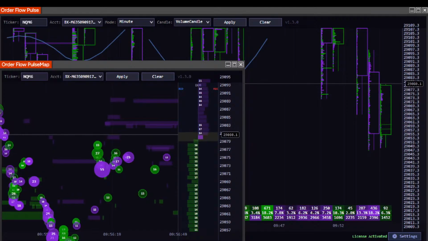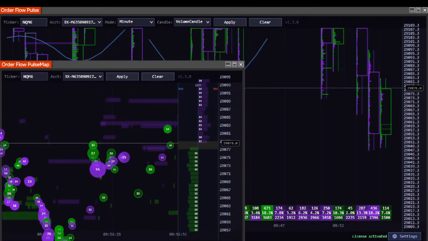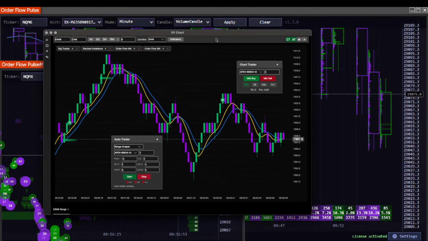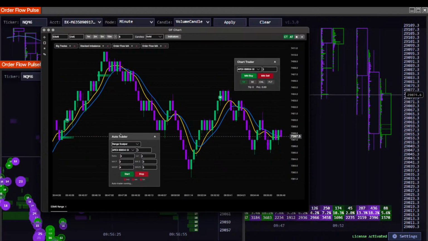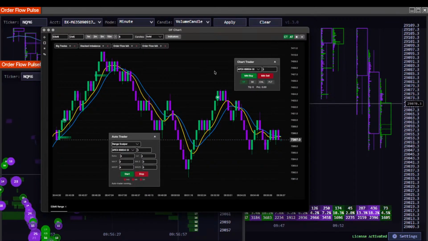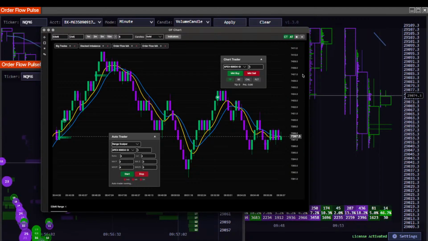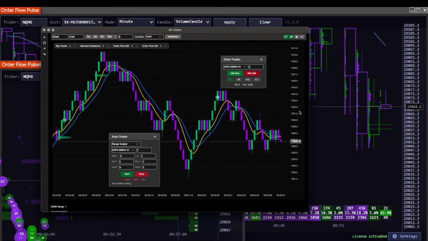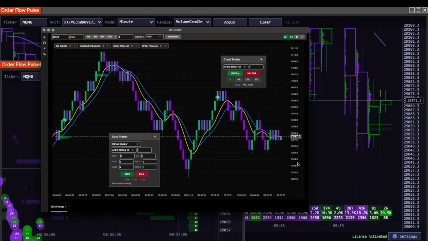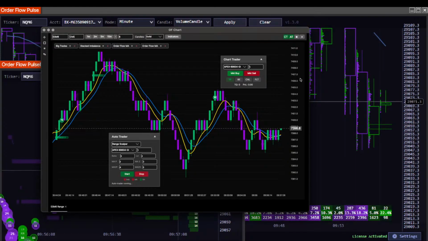Now, the way that I am developing my platform, I've got my auto trader running, my range scalper. Most platforms put all their chart panel on the right, just stuck there.